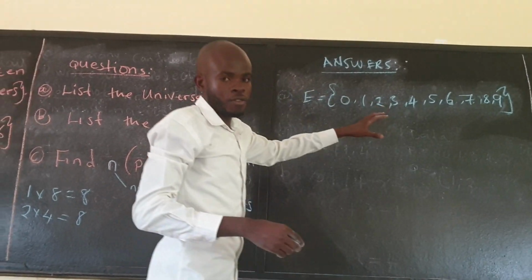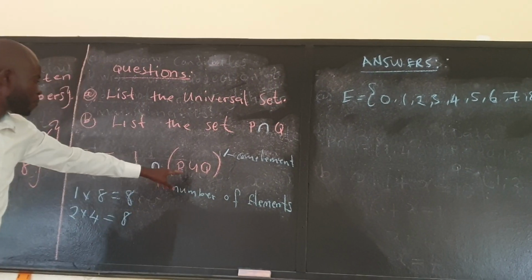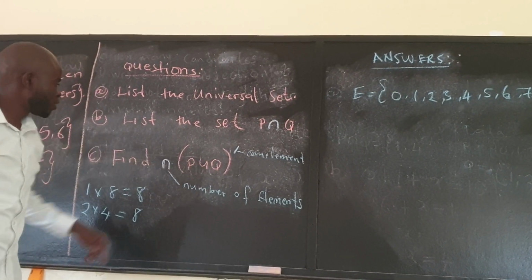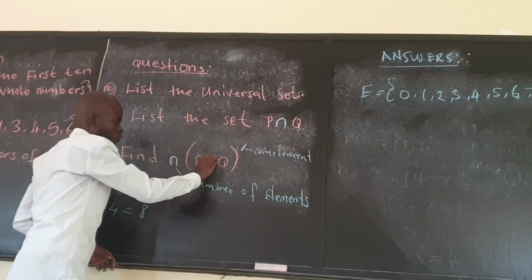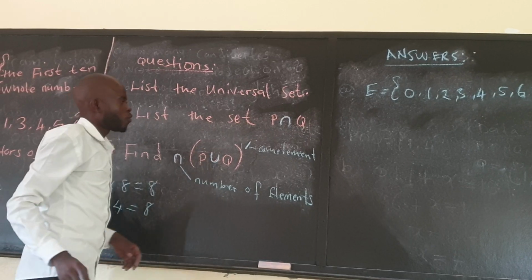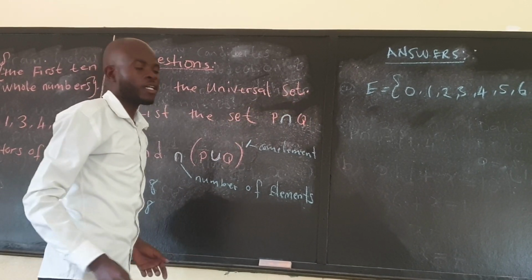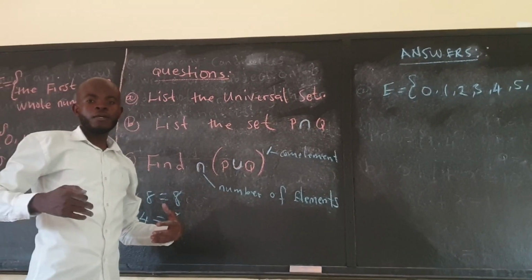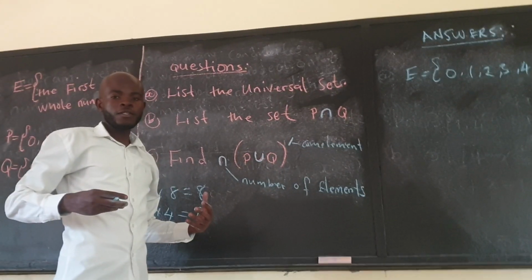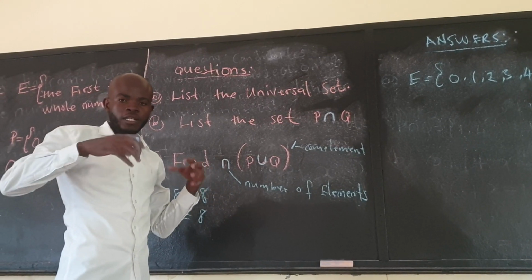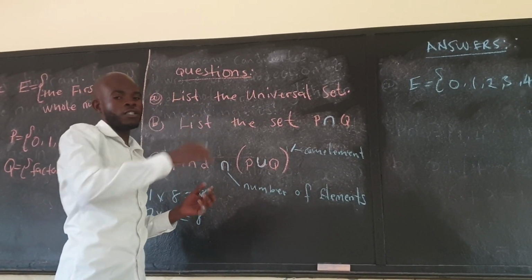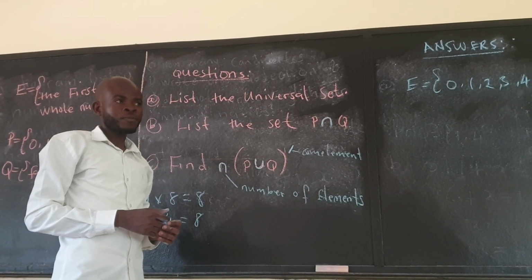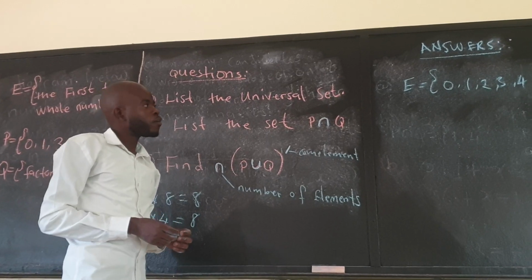So this is our universal set. So when we combine P and Q, which is P union Q, what numbers are remaining in the universal set? Because complement simply means the elements that are not part of the given set, but they are found in the universal set.